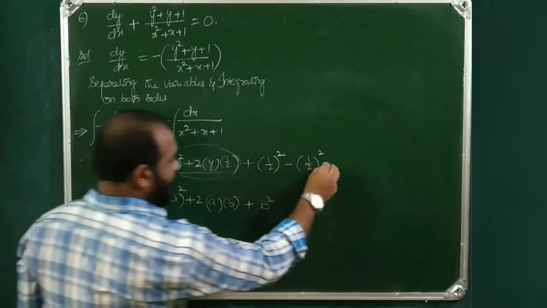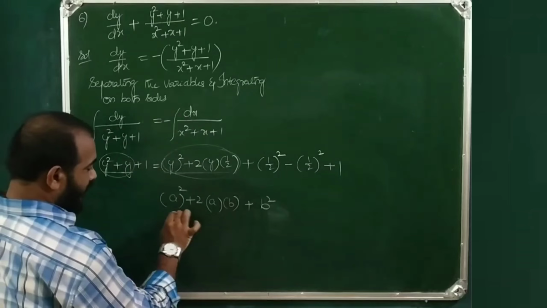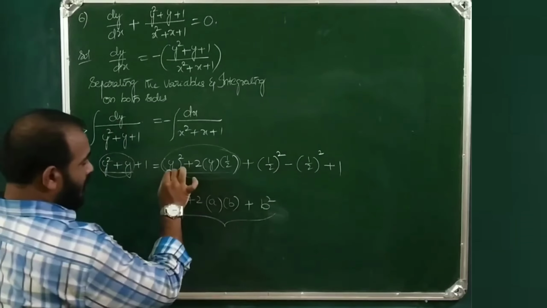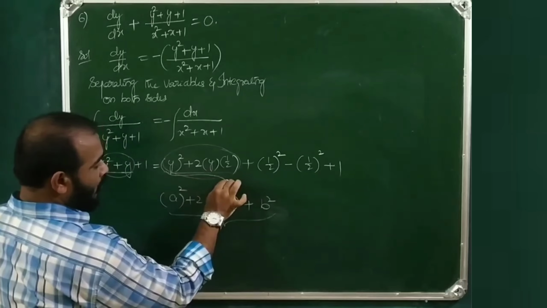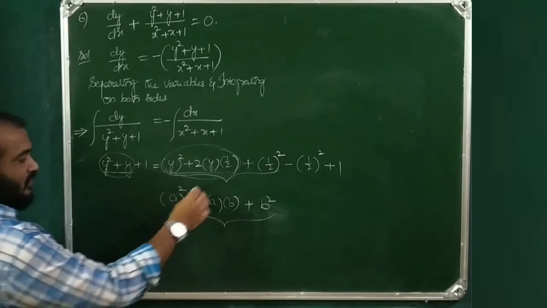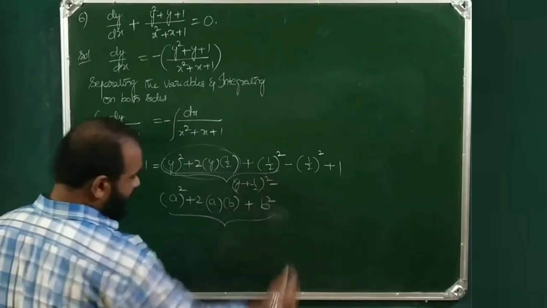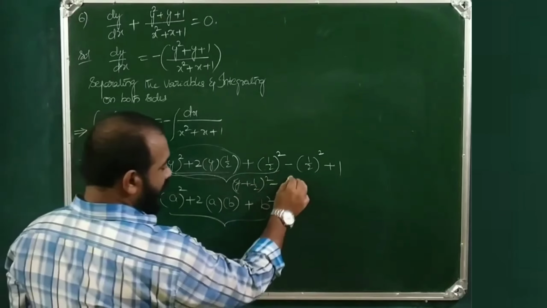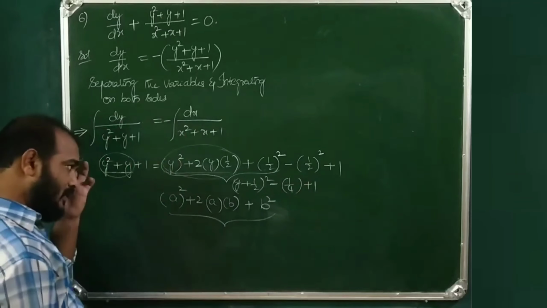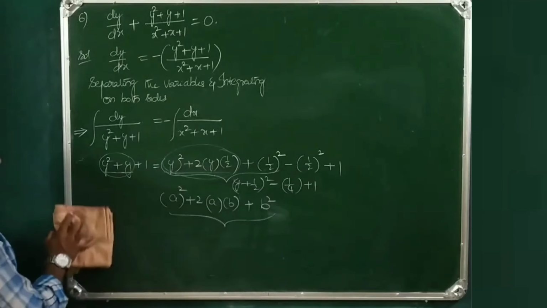Now a square plus 2ab plus b square is a plus b whole square. Here y square plus 2 into y into 1 by 2 plus 1 by 2 whole square is all a plus b whole square. This is y plus 1 by 2 whole square minus 1 by 4 plus 1.